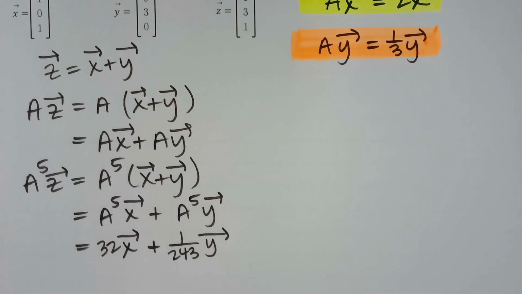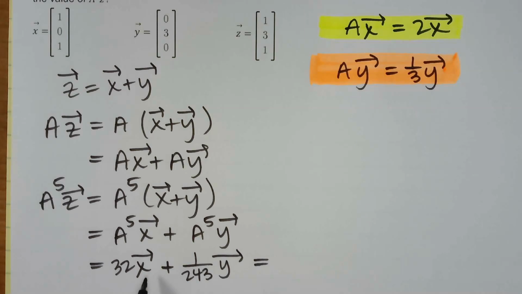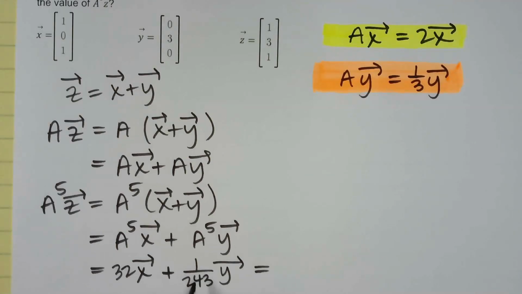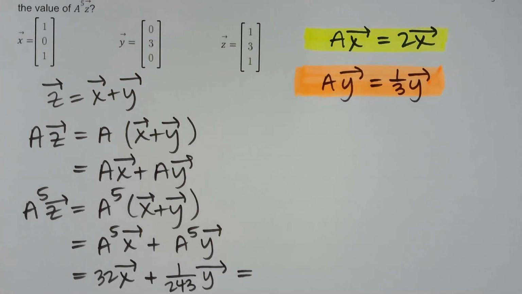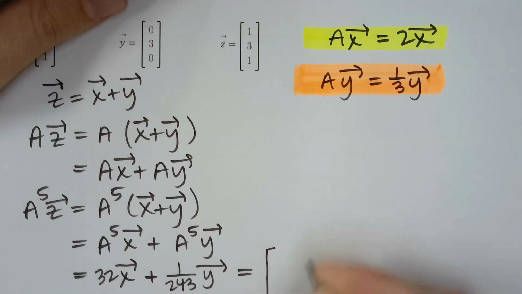Okay. And that means I can actually do this. 32x is going to be 32, 0, 32, and 1/243 y is going to be 3/243. That's going to be the 1/81. So maybe I'll just actually show you the addition.